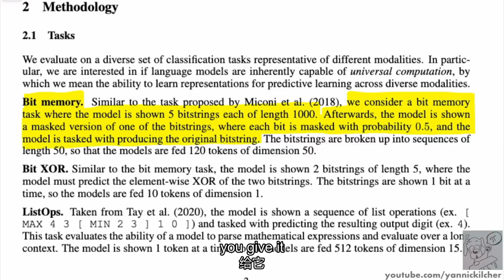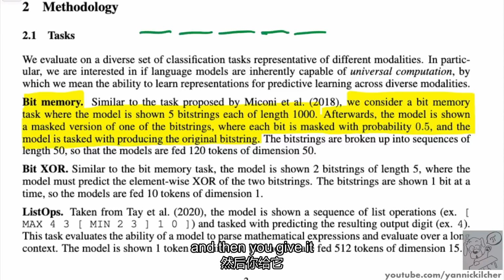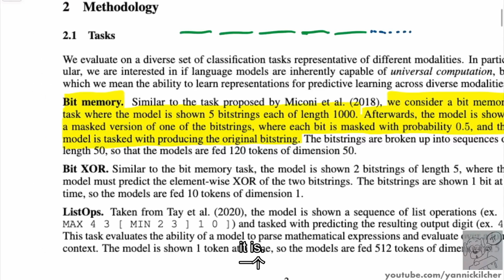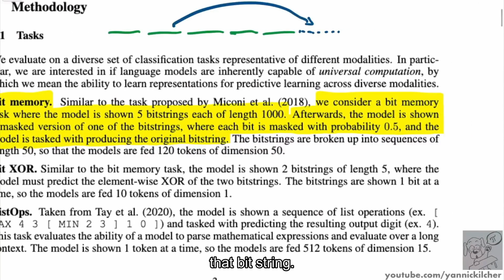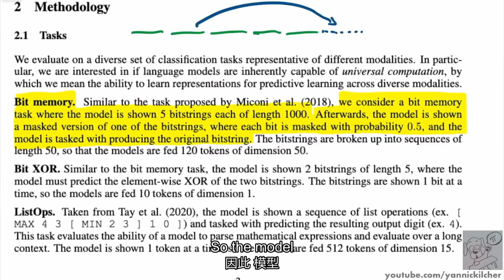So you give it 5 bit strings in sequence, and then you give it a 6th one that is kind of corrupted, and the model must figure out which one of these 5 it is, and then it must successfully reproduce that bit string. So the model has to look at the overlap between the strings, and where there's the most overlap, it needs to copy over that string for the non-overlapping parts.